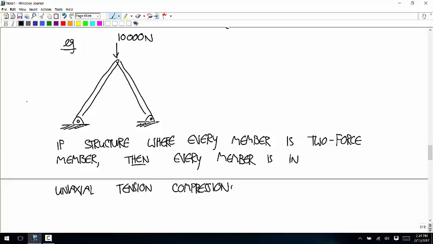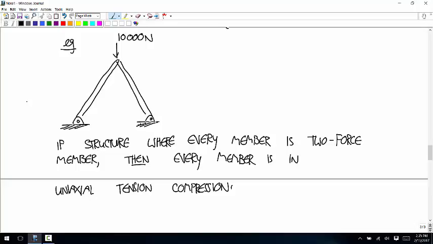Okay, so what's required for a member to be a two-force member? We talked about that in statics a little bit. The rule is that for members in a structure to be a two-force member, you can only have force vectors applied at two places.